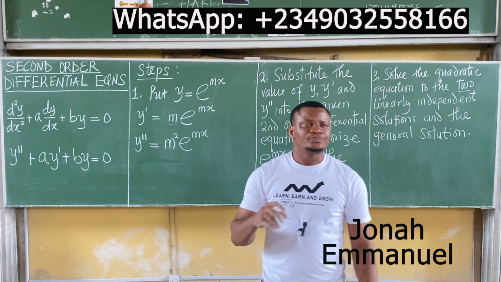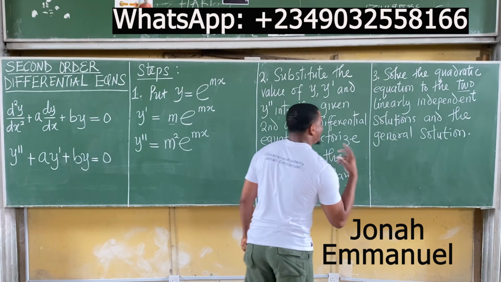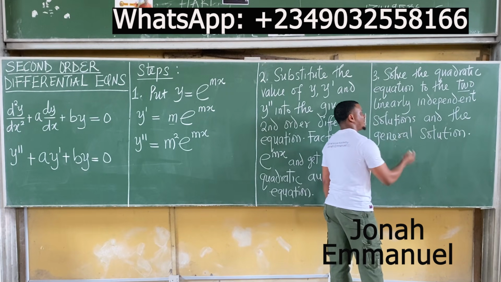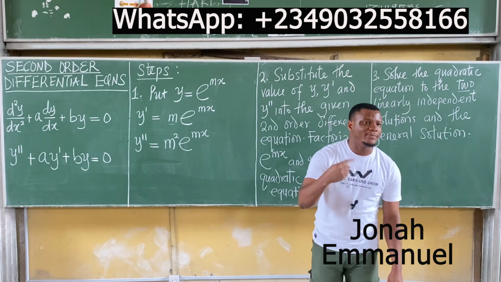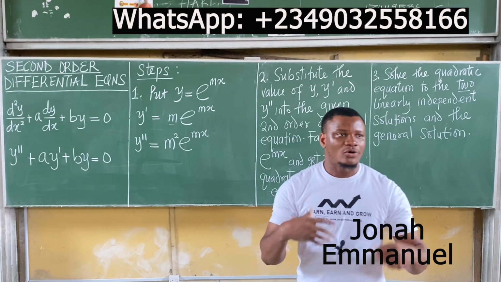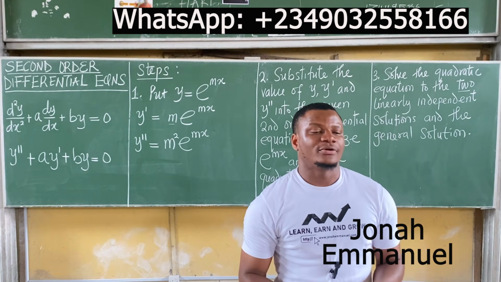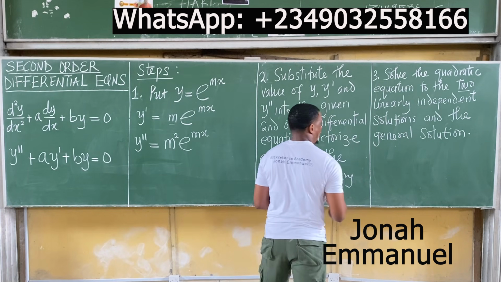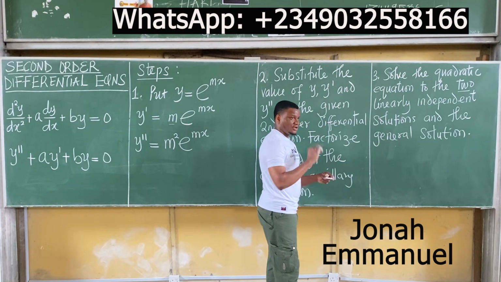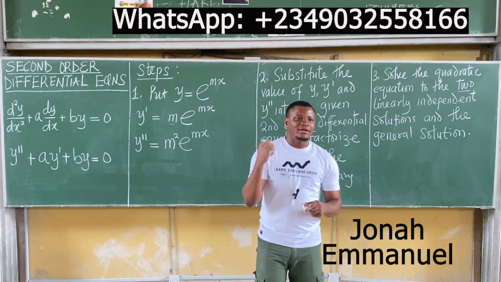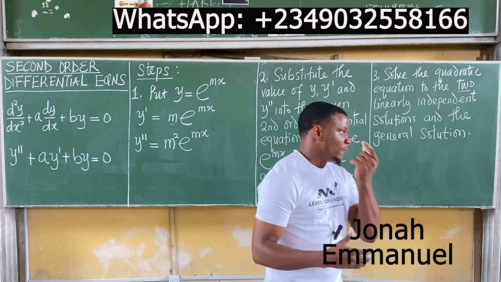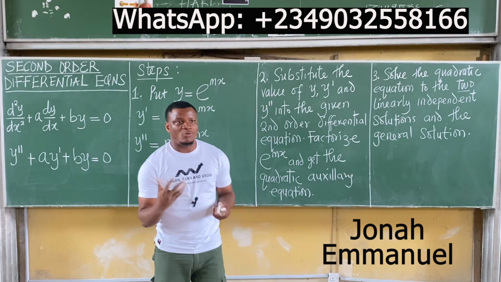Number 2, the value of the linearly independent solution depends on the type of root of your quadratic equation. By type of root, I mean the answer of your quadratic equation. Cast your mind back to when you learned about quadratic equations. We said a quadratic equation will give you how many kinds of answers?